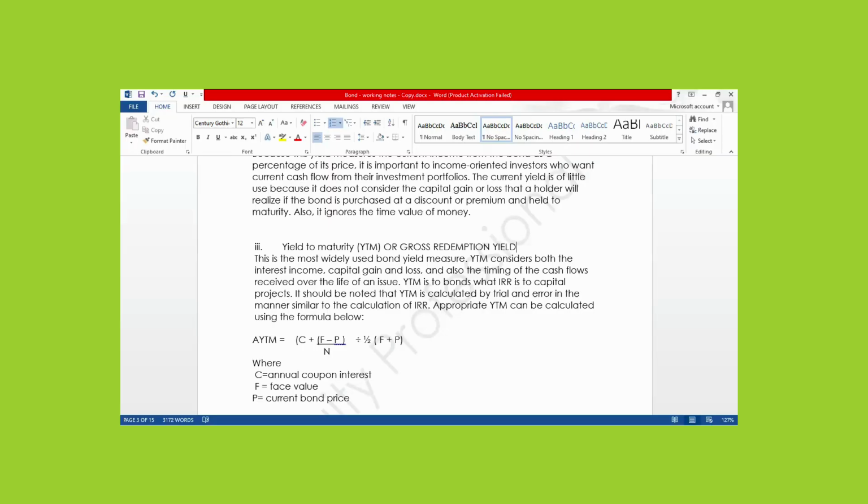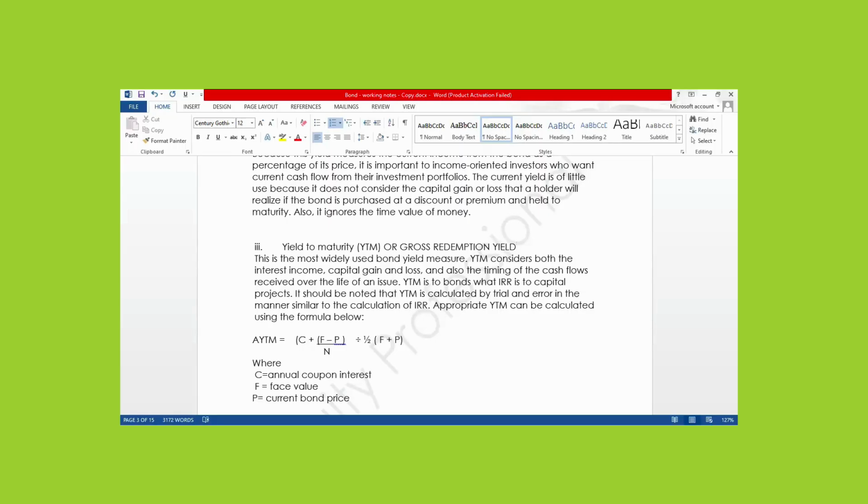The yield to maturity is also known as gross redemption yield. This is the most widely used bond yield measure.